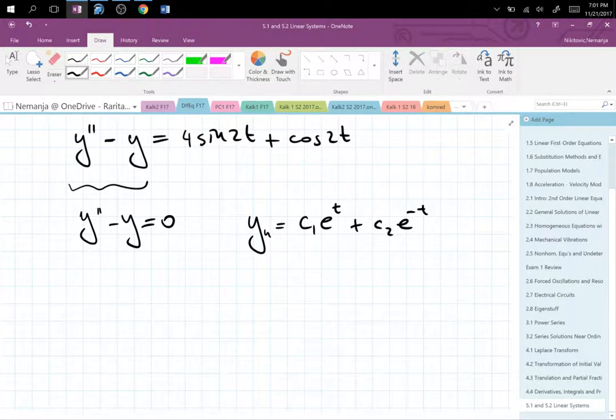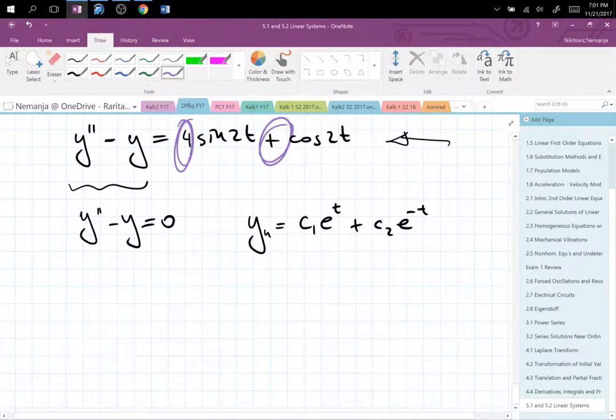Now, for the particular solution, you are supposed to take 5,000 derivatives of this, right? And you quickly see that every time you take the derivative of sine, it oscillates between sine and cosine, and every time you take the derivative of cosine, it oscillates between cosine and sine. The only thing changing are these two numbers here.